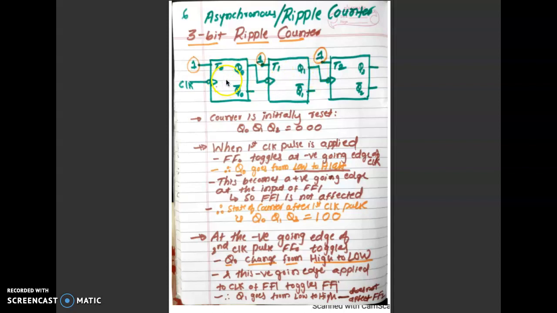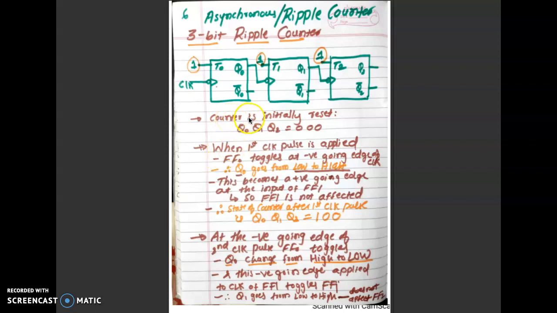So this flip-flop is referred to as FF0, this is FF1, this is FF2. Each of the flip-flops is a T flip-flop, toggle flip-flop. And let us start the analysis of its working.